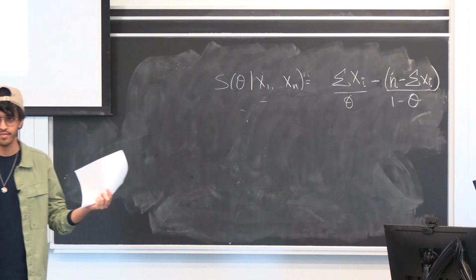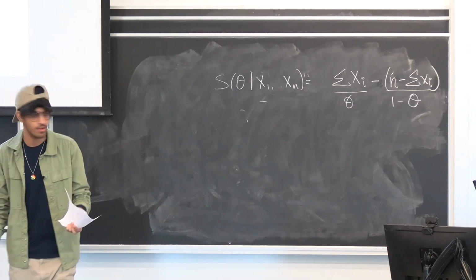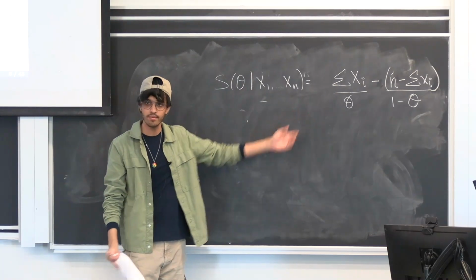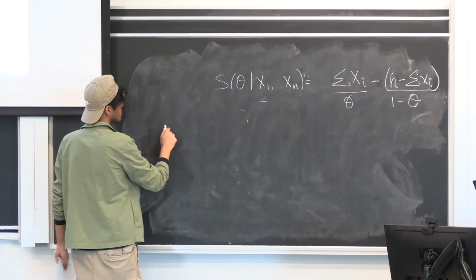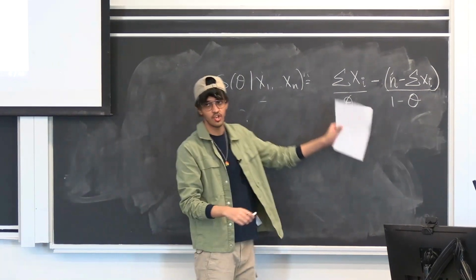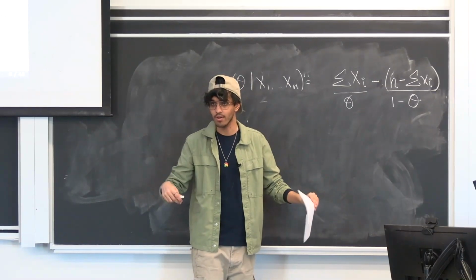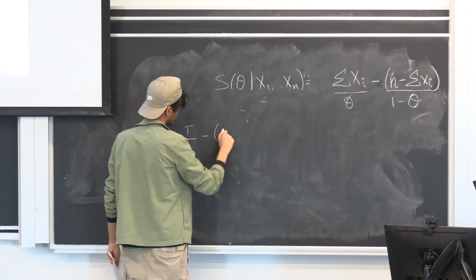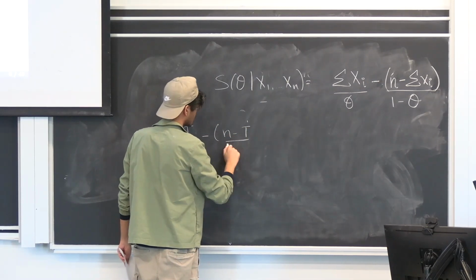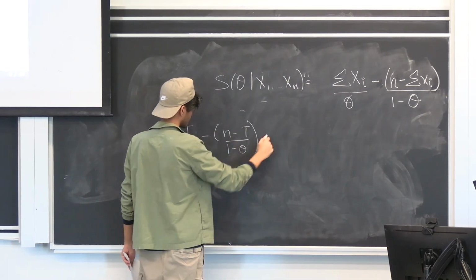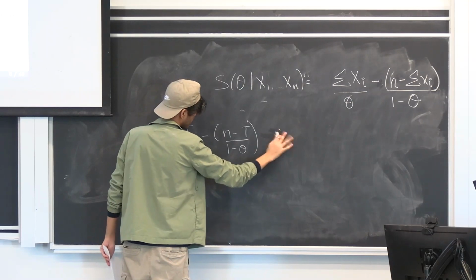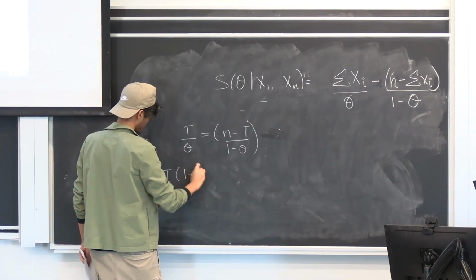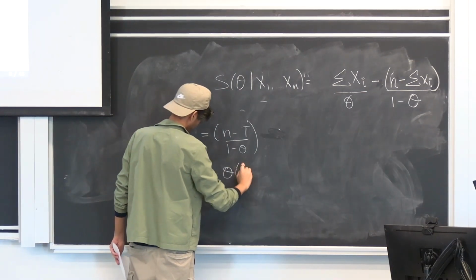Let's find the MLE first, and then we'll find the Fisher information. So to find the MLE, you need to equate this to 0, right? So let me just substitute the summation of xi with t for now. So you have t over theta minus n minus t over 1 minus theta equals 0, which just means that these two components are equal, which means that t times 1 minus theta is theta times n minus t.